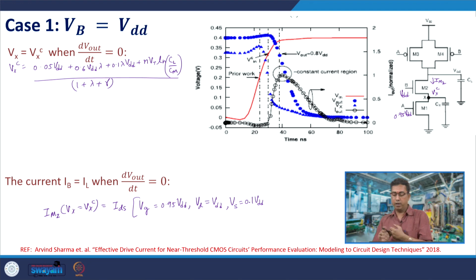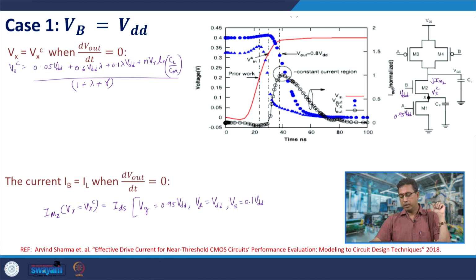As we have discussed, this IM2 must be matched by a current through M1 also, and if Vx rises, IM2 reduces, but IM1 increases, and therefore Vx would remain at almost a constant value during the discharge. Current through M2 is almost constant, and Vx is slowly falling. Vx cannot fall rapidly, because if Vx falls rapidly, then the current through M2 will rise and the current through M1 will fall, because M1's VDS is reducing.